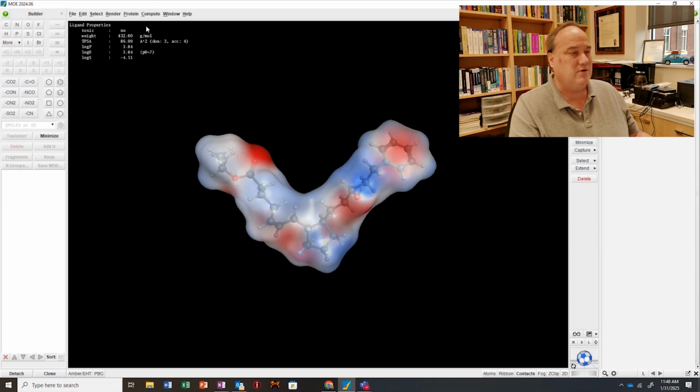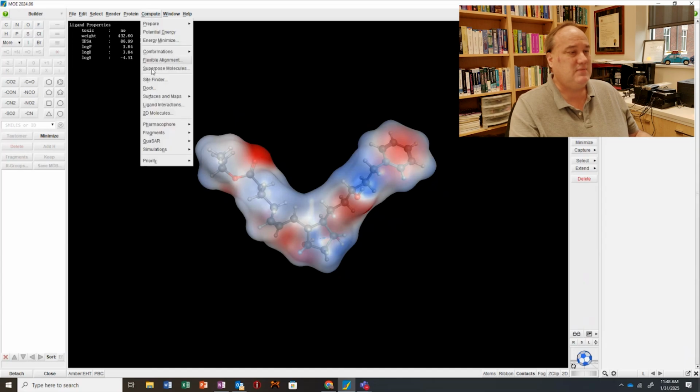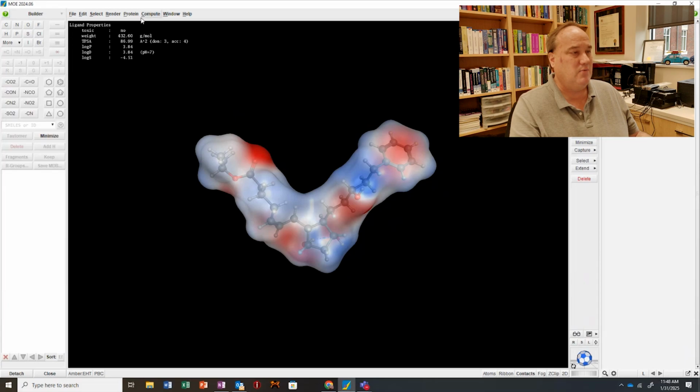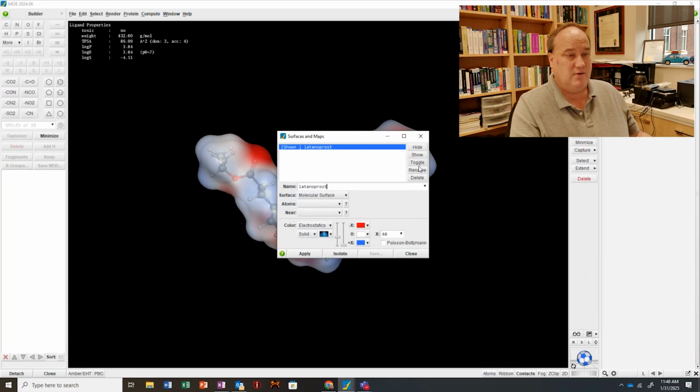Now, one other thing we want to look at. What's important is lipophilicity. And so let's just kind of take a look at that. I want my surfaces and maps again. And we're going to change this to lipophilicity. Let's see how lipophilic. So lipophilic is more in green, hydrophilic is in purple.